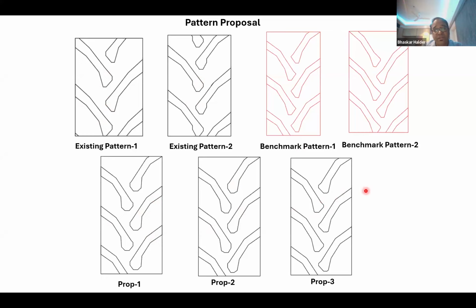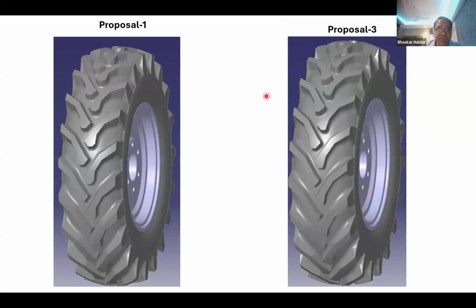So in that way we first freeze the concept design. After concept design, we make the 3D in CATIA software. From this 3D view, marketing selects the tires for their business goal.